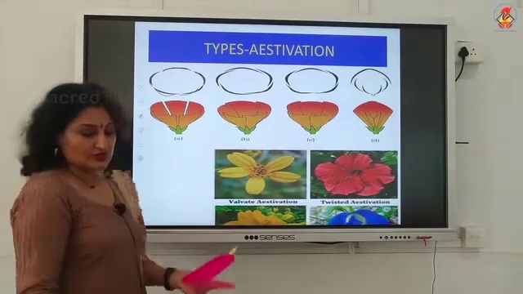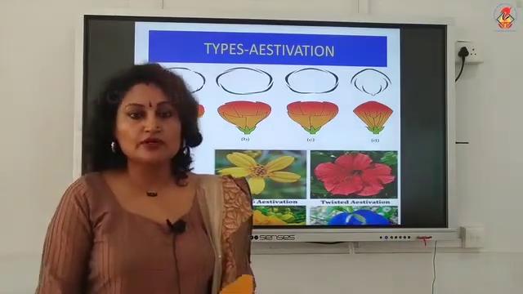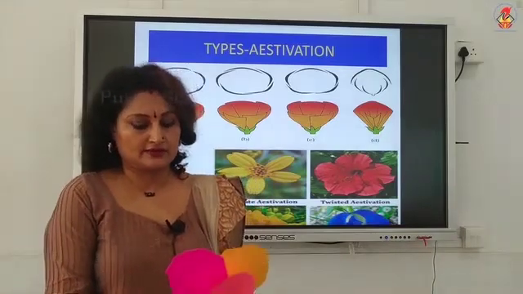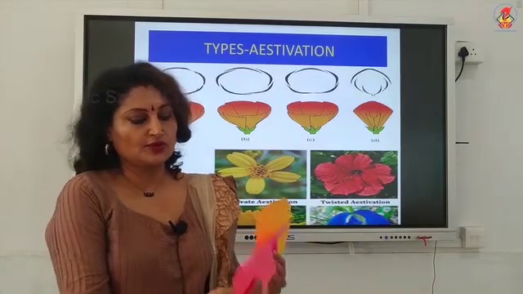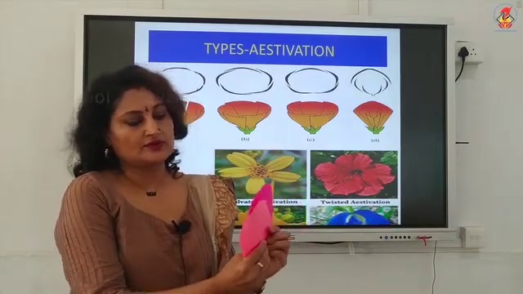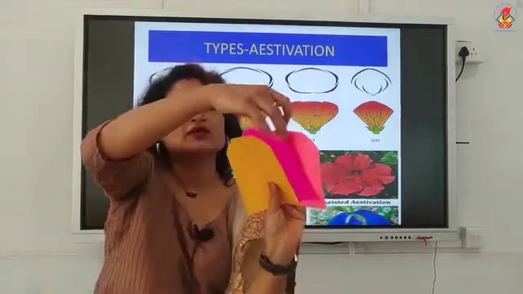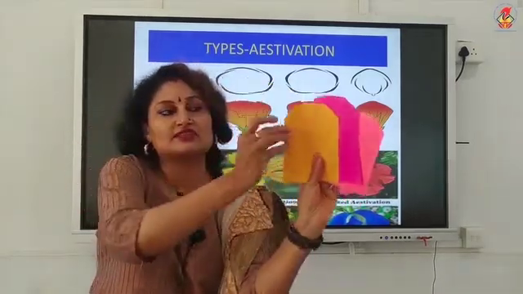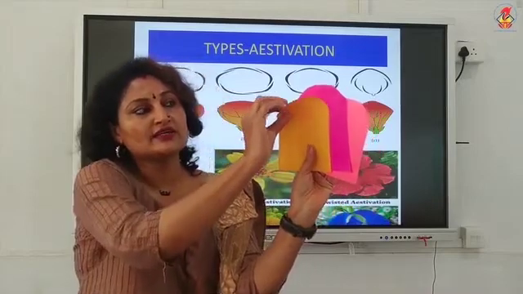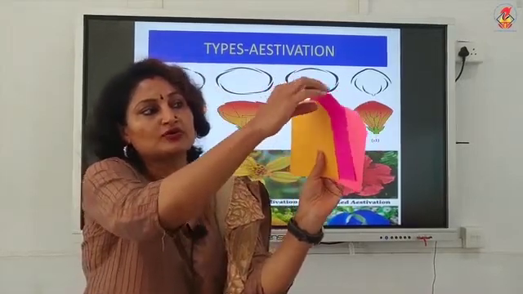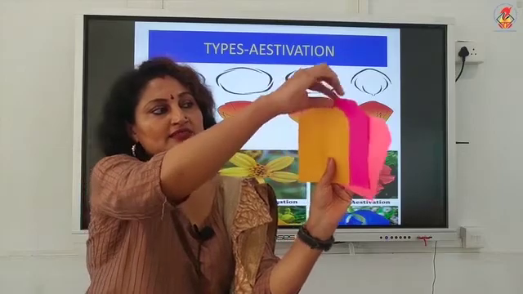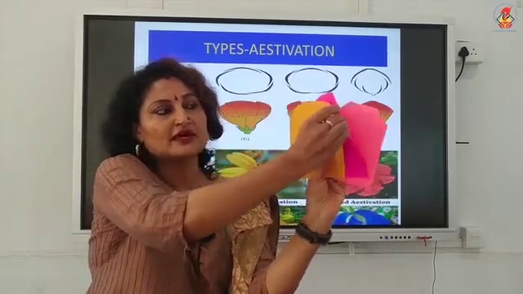Now look, twisted. Twisted is how you hold a pack of cards when you play cards. You hold it this way, no? So what is twisted aestivation? One margin is overlapping the other, while the other margin is free. Look at yellow. One is free and the other one is being overlapped. Look at this magenta. One is overlapped, whereas the other margin is free.